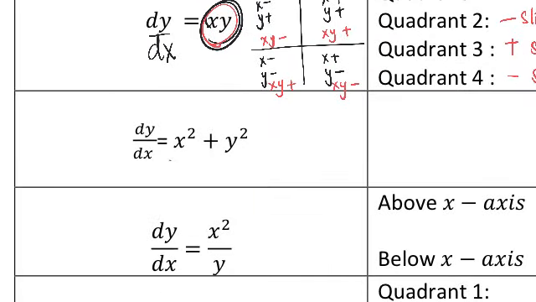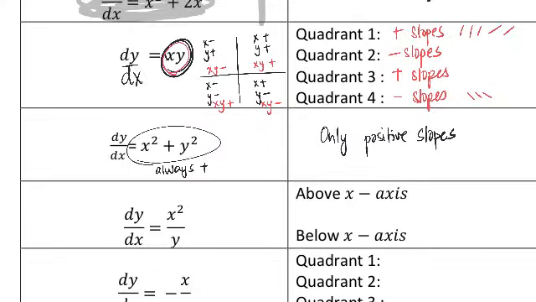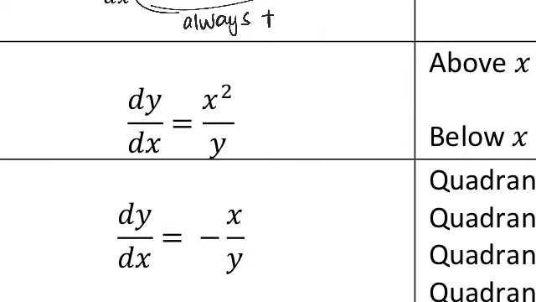Something like this, dy dx equals x squared plus y squared. This is always positive. So you should be seeing the whole xy plane have positive slopes. All the little slope lines should be positive. If you have something like this, dy dx is x squared divided by y, well, the top is positive, right? And the bottom here can be positive or negative.